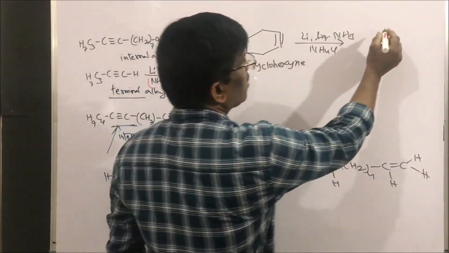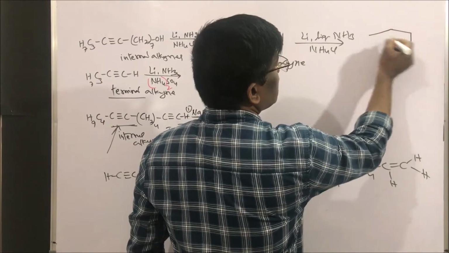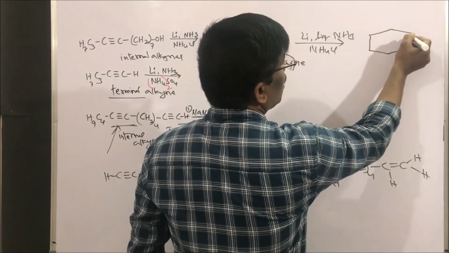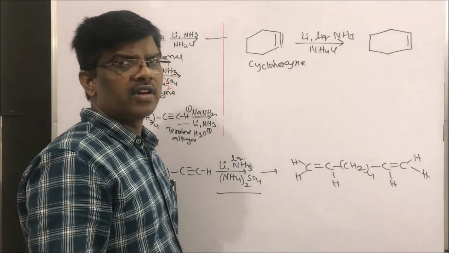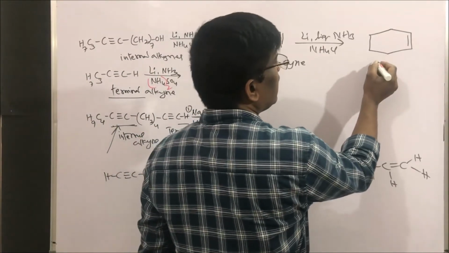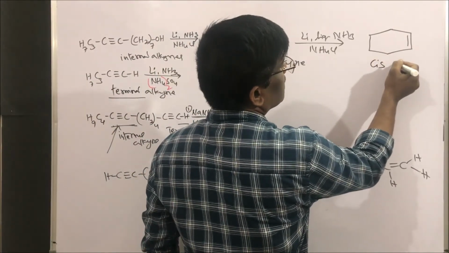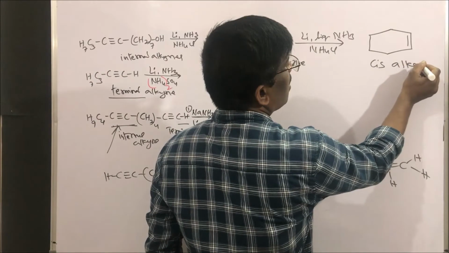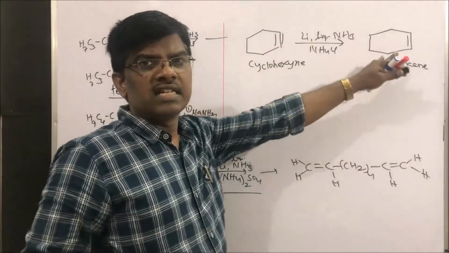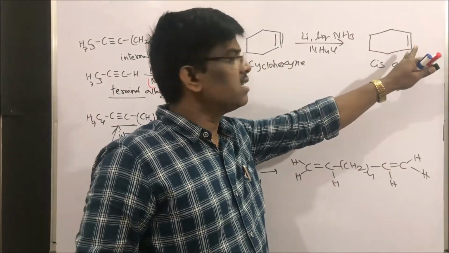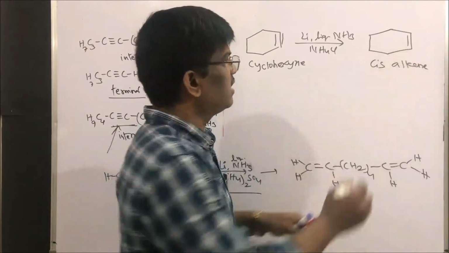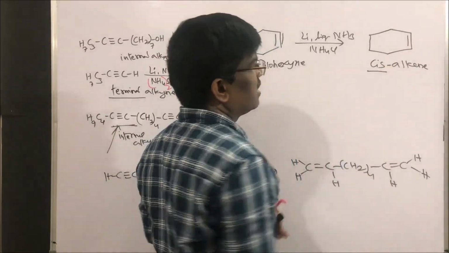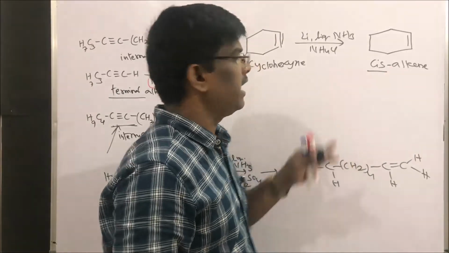Yes, it should be trans, but since it is in the ring form, it is not going to exist in the trans form. Yes, this alkene is a cis alkene because of the restriction of ring rotation. So I am going to get the cis alkene.